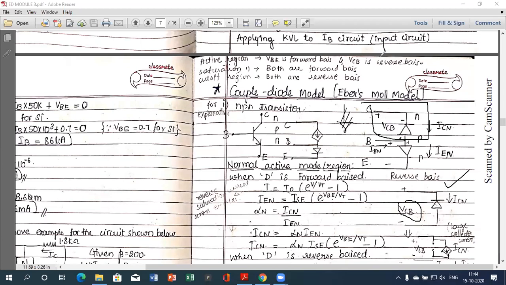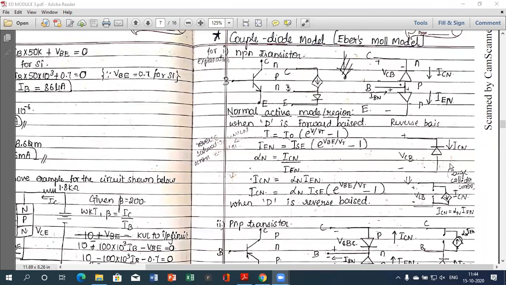If this diode is reverse biased, as shown in this last diagram, it is treated as an open circuit. But still, the current ICN flows through the diode even though it is reverse biased.